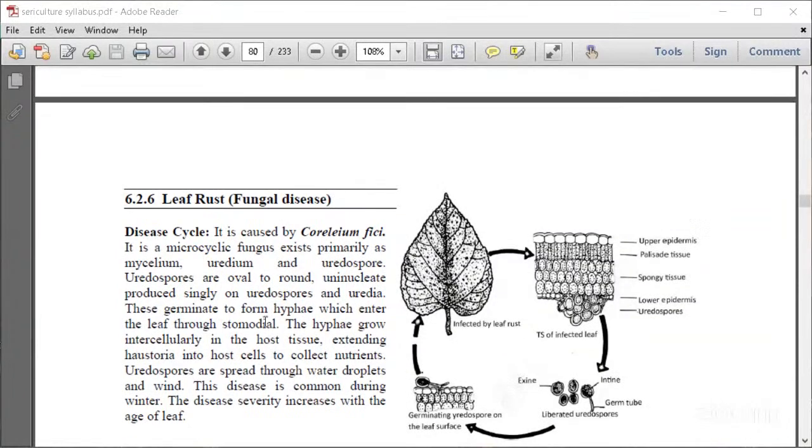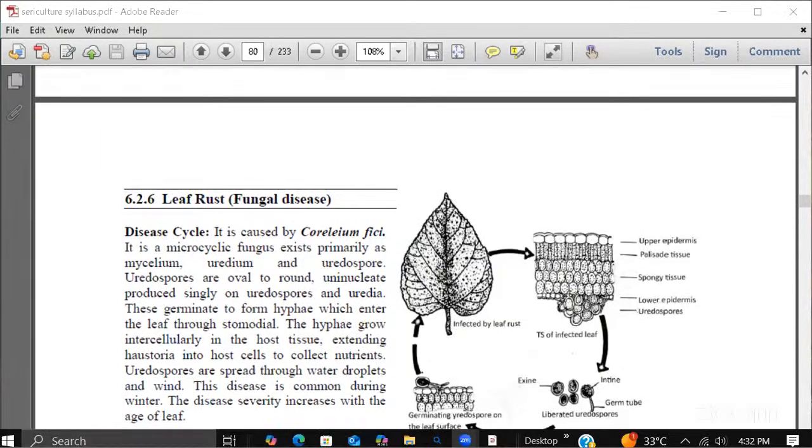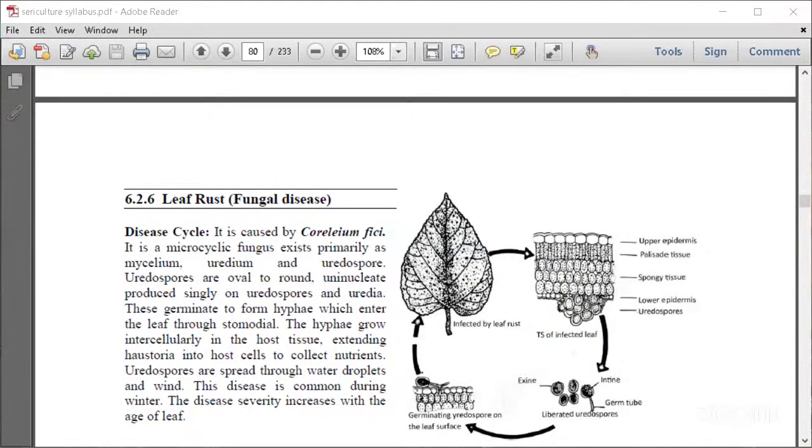These can germinate to form the hyphae which enter. Here you can see the hyphae. These hyphae can enter the leaf through the stomatal tissue, meaning through the stomata.